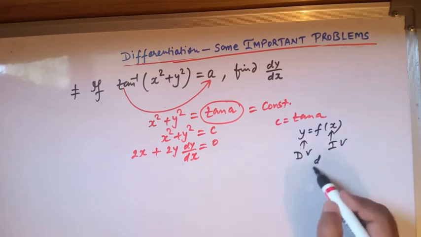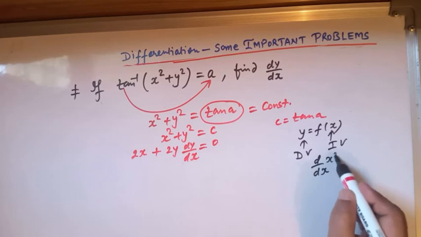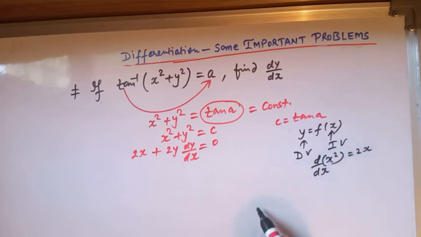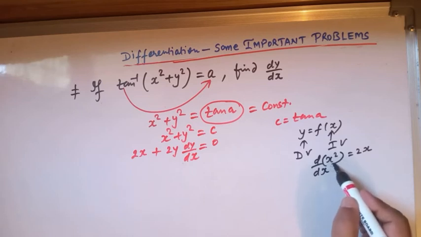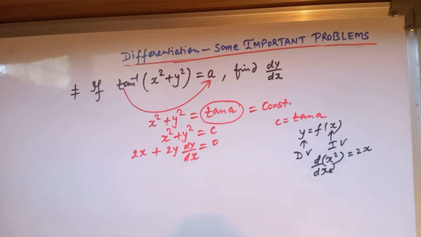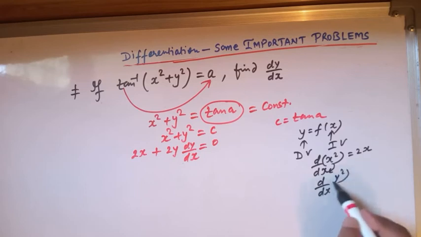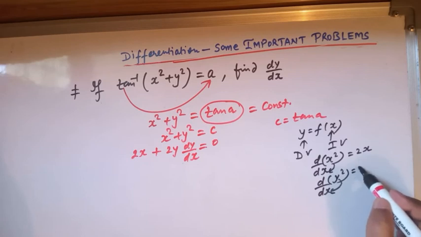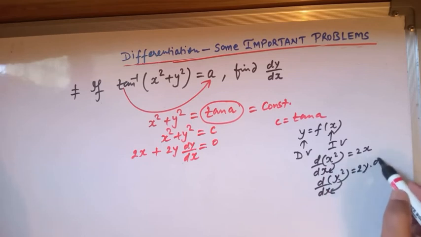So always remember, the derivative of x square is 2x, because x square is differentiated with respect to x, but the derivative of y square, because it has to be differentiated with respect to x, the independent variable, is always 2y times dy over dx by chain rule.